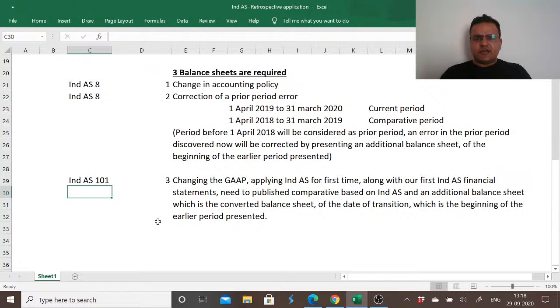Call it a facility standard, because in the absence of this standard, if we would have applied a change in accounting policy or corrected a prior period error, we had no choice other than applying the effect retrospectively. This requires applying the effect retrospectively.